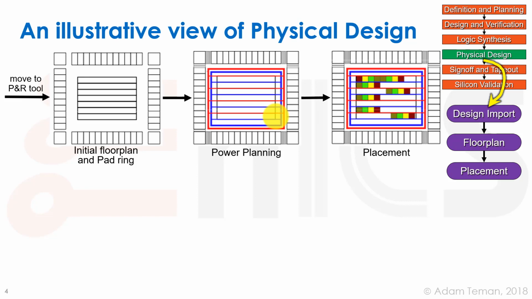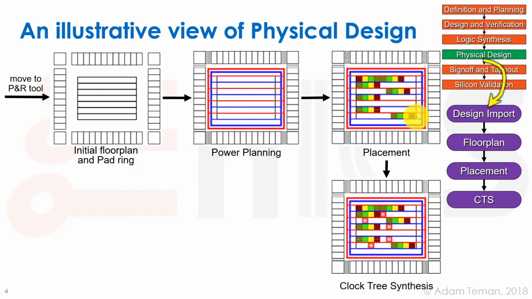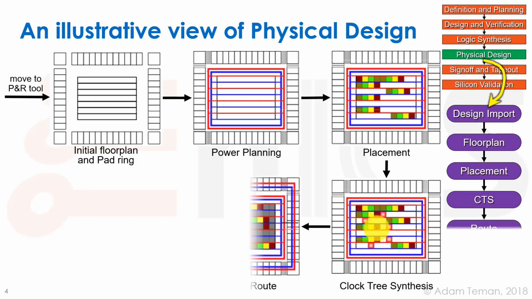Next, we'll go into our placement. Well, we'll actually place the standard cells in the floor plan, the core area. Once we have our design placed, we have to see where our different flip-flops are, our clocked elements, and then we can go out and build clock trees, which these things would be the buffers that we added during clock tree synthesis.